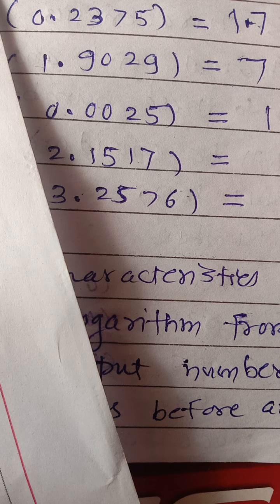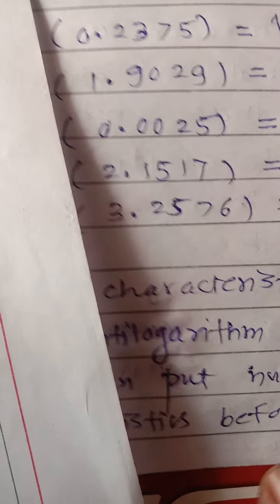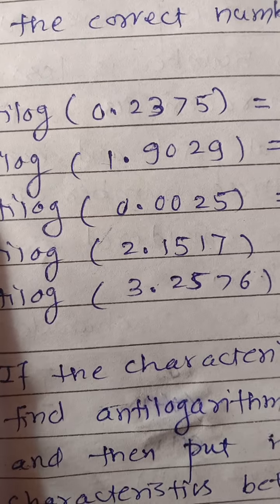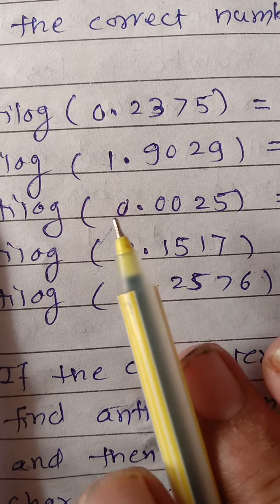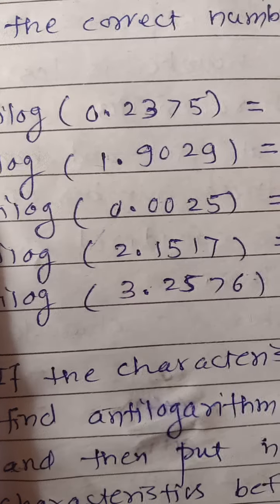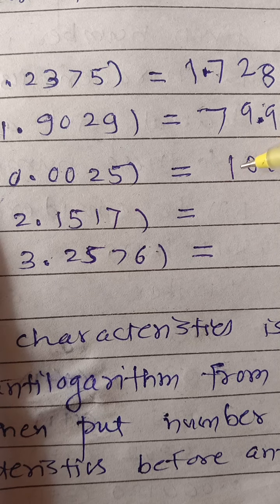If the characteristic is less than 1, then we will have to write its decimal point using the procedure that if it is 0.0025, its characteristic is 0, and therefore 0 plus 1 comes out to be 1 point here.